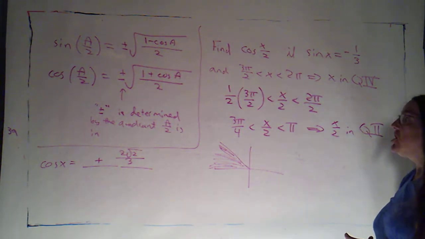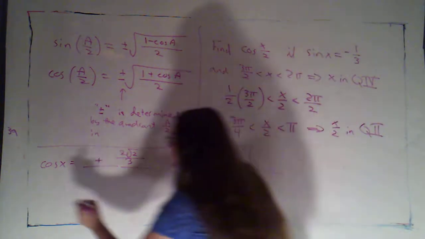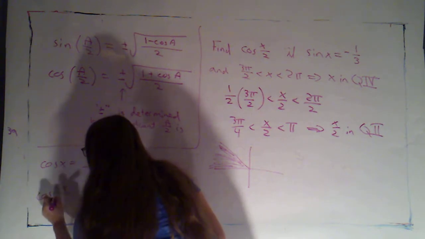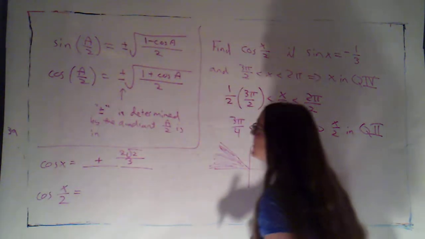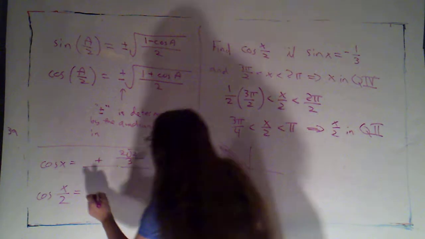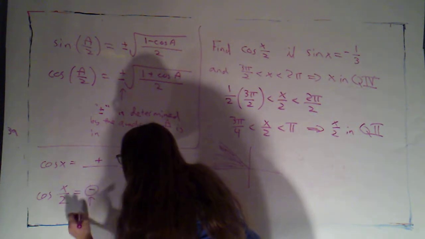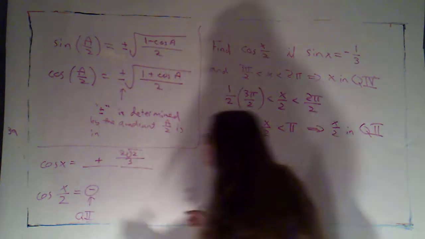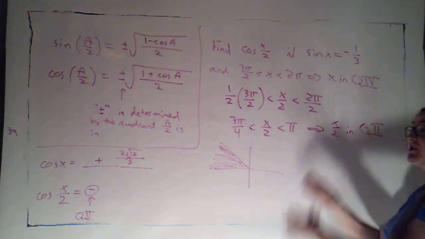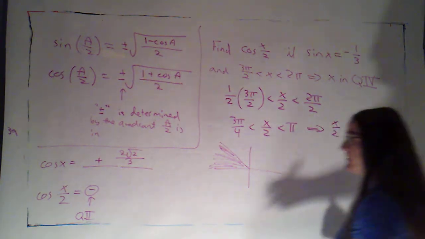So cosine of x over 2 is going to be negative, because we're in quadrant 2. That tells me to choose the negative square root.